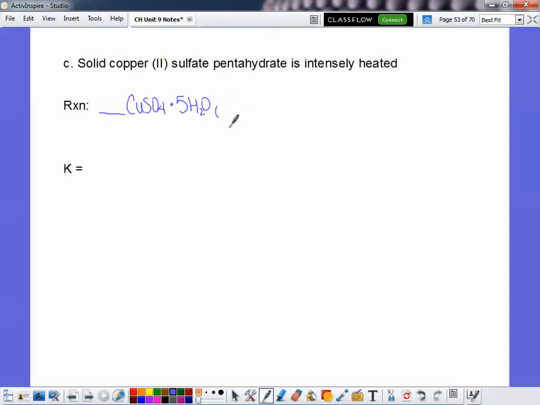And what state of matter is that? Solid. Now, when we heated this, what we did is we were breaking the bonds of the waters to that copper 2 sulfate. We were breaking it here. And that white solid that we produced was just solid CuSO4 without the waters. And then where did the waters go? They evaporated. And well, when we decomposed it, the water came off as a gas.